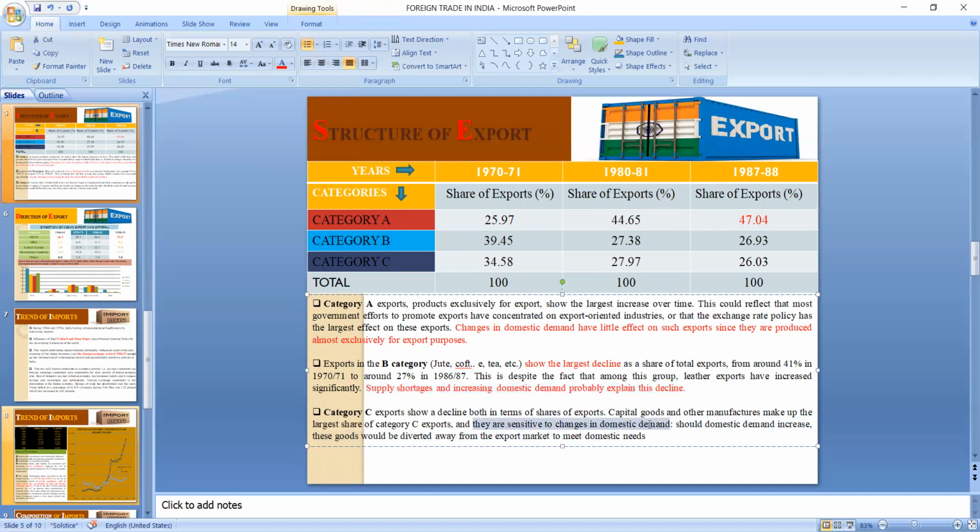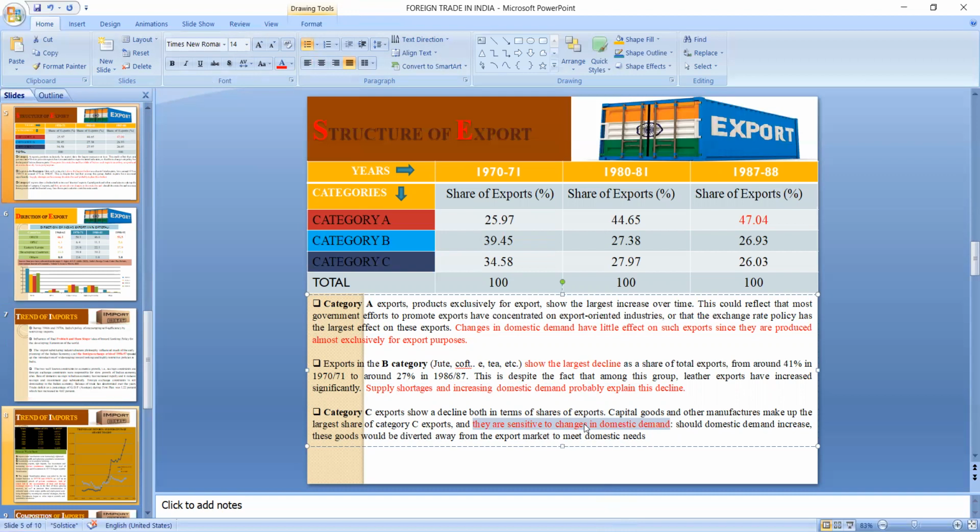They are sensitive to domestic demand. During this period, one of the agenda of Indian economic planning was industrialization and mechanization of Indian agriculture.